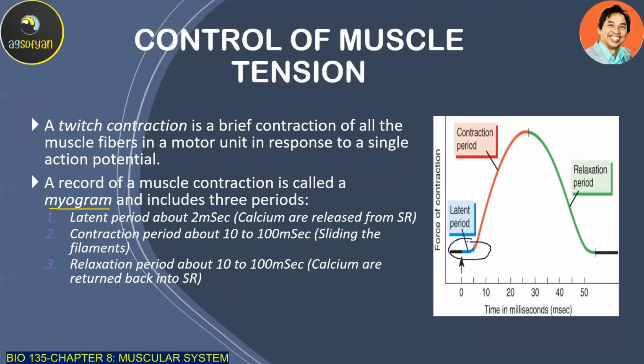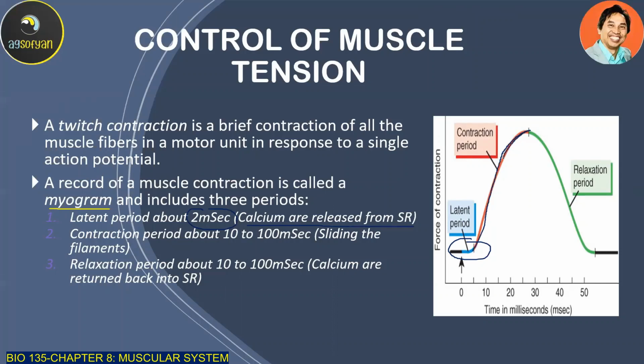Start with the latent period. This is the time when the calcium is being released from the SR. It's about 2 milliseconds. It's really fast. It is milliseconds, not seconds. 2 milliseconds for the latent period, and then after that, boom, there is a contraction.